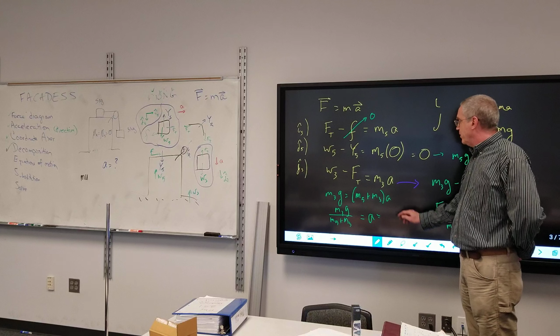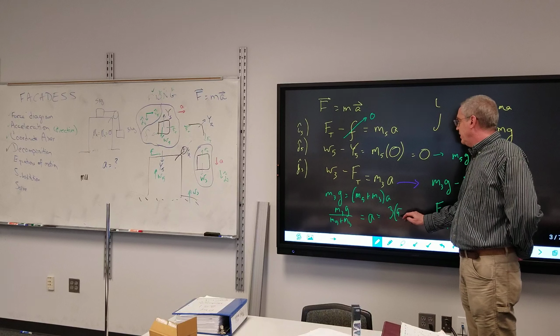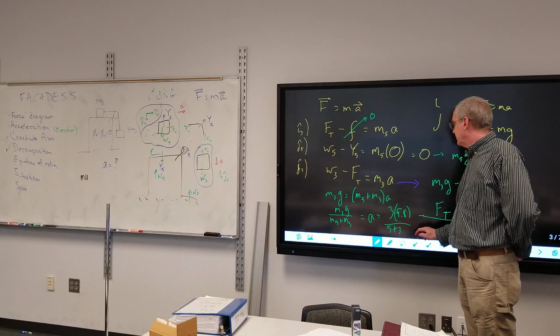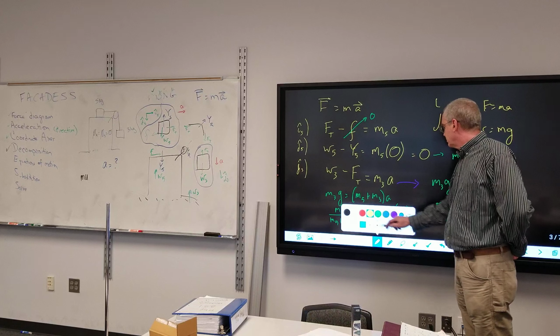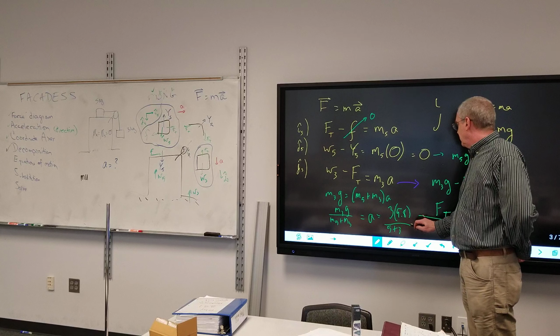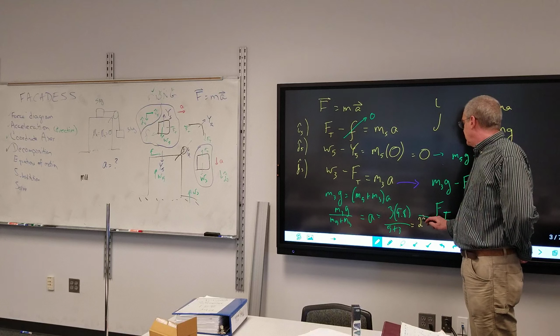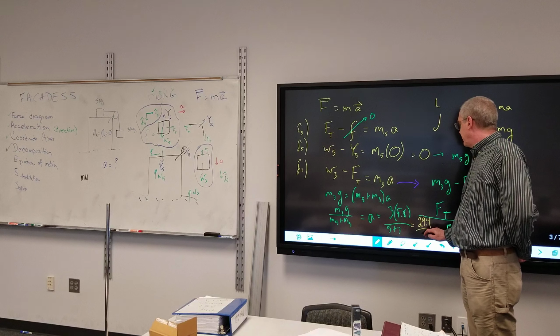If this takes place on Earth, this becomes 3 times 9.8 divided by 5 plus 3, which is 29.4 divided by 8.